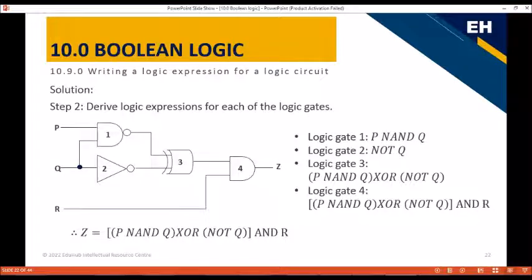And of course at the fourth level logic gate, I have to enclose whatever I got from the first three within a square bracket before combining with the R input.